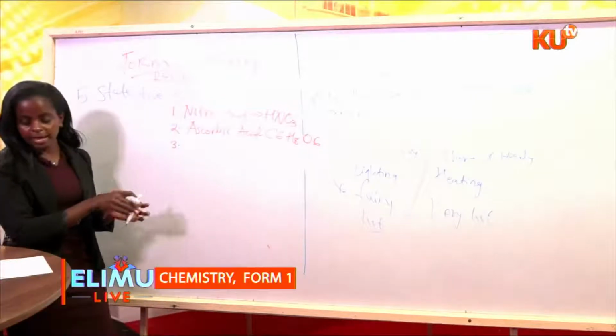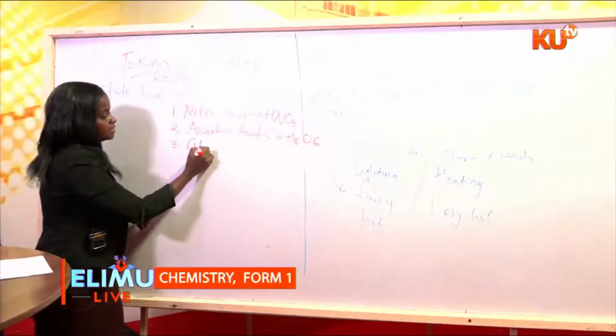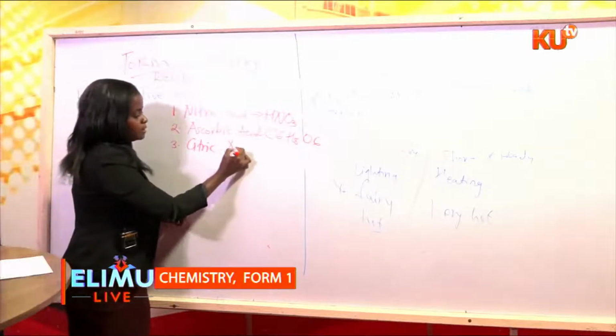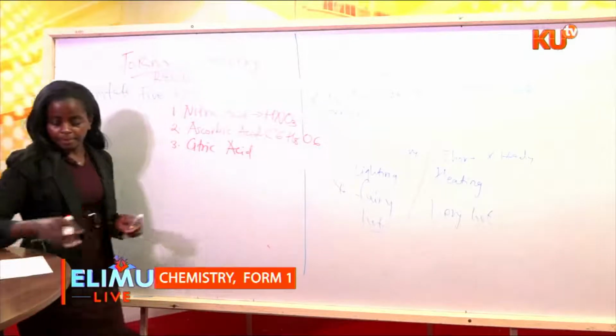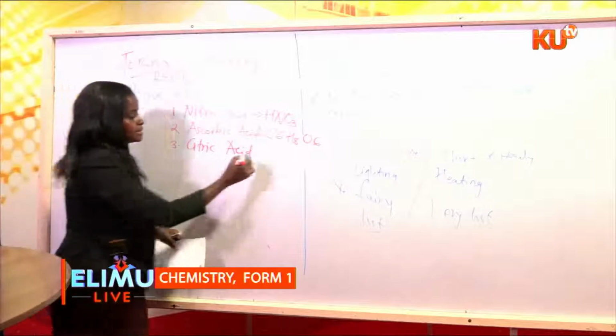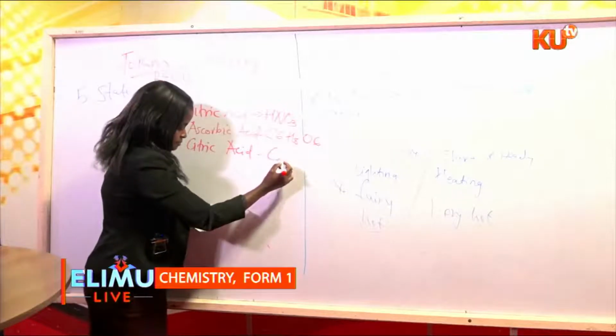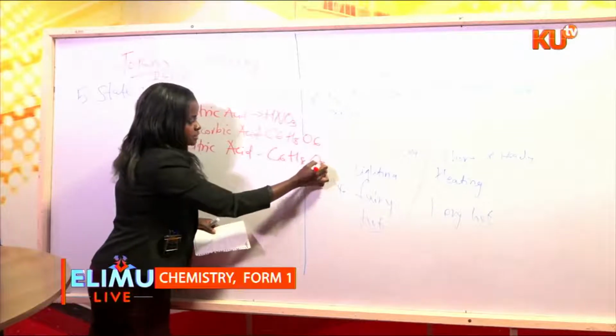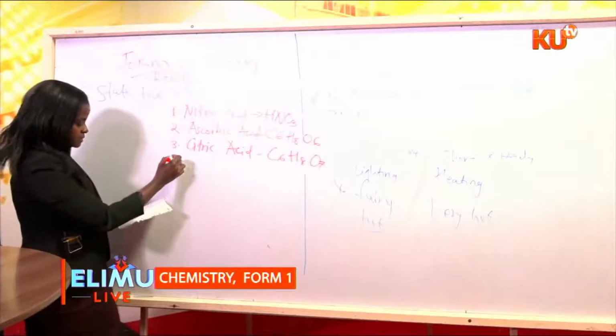Then the third acid is citric acid. I'm sure you've interacted with this more and more. Citric acid, C6H8O7 is the chemical formula for citric acid.